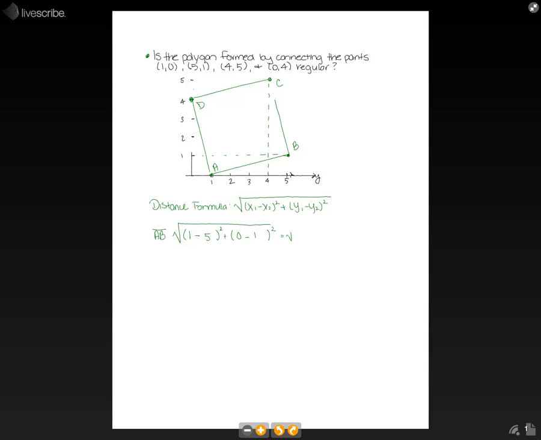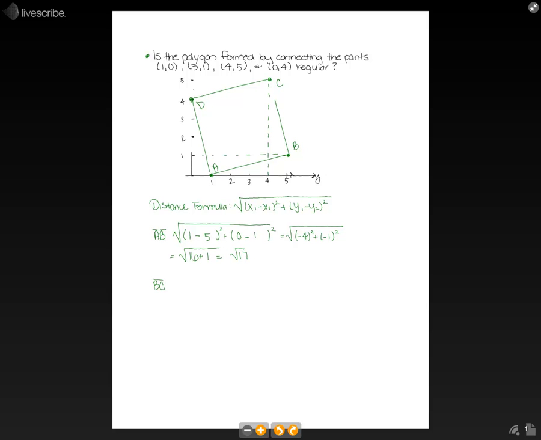This gives us the square root of negative 4 squared plus negative 1 squared. Remember that the square of a negative is positive, so that gives us 16 plus 1, which is the square root of 17.